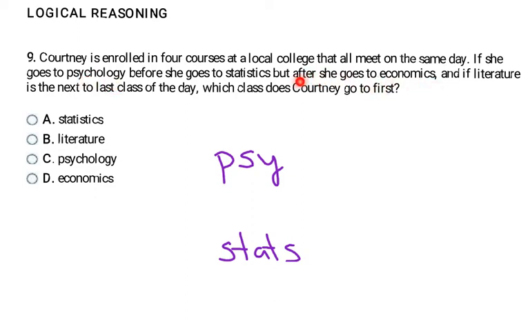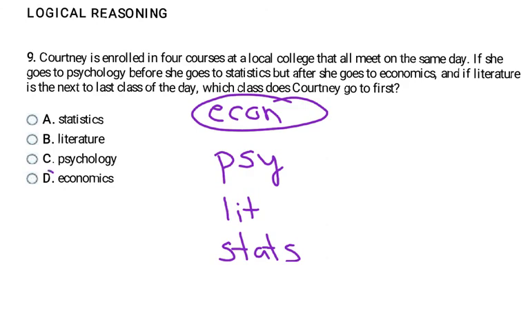So psychology is after economics. So that means I'm going to write economics here. Then the last piece of information is if literature is the next to last class of the day. So notice I left room in case I needed to write something else in. So lit goes here. So which class does Courtney go to first? It's going to be economics, D.